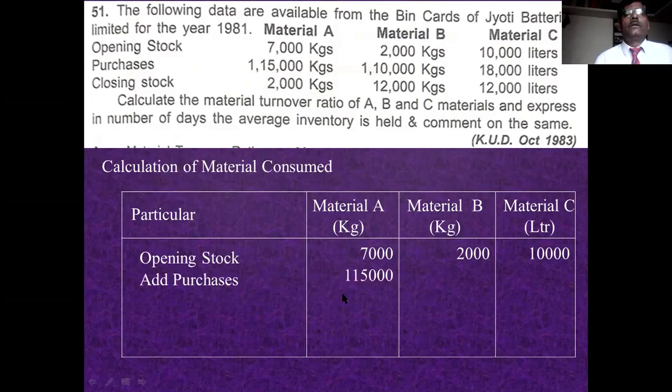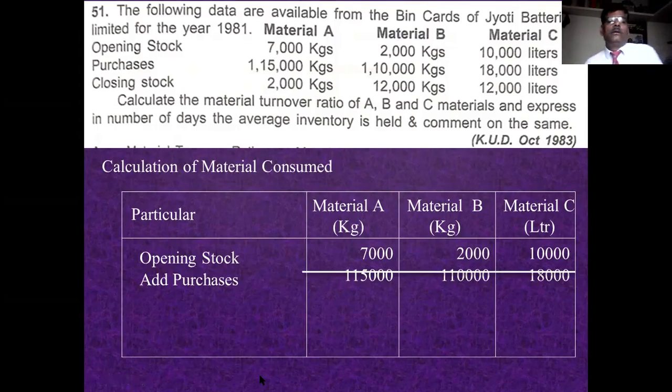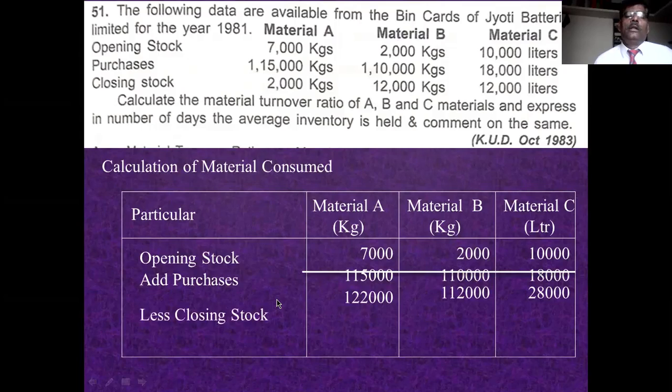Then add purchase 1,15,000, 1,10,000, 18,000. Take the total. Then total is 1,22,000, 1,12,000, and 28,000. Then less closing stock.